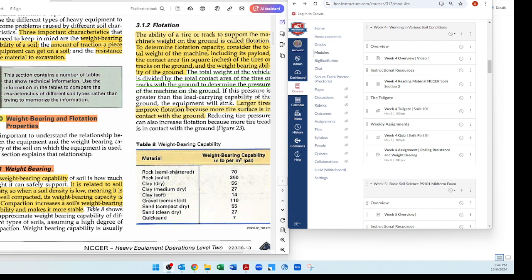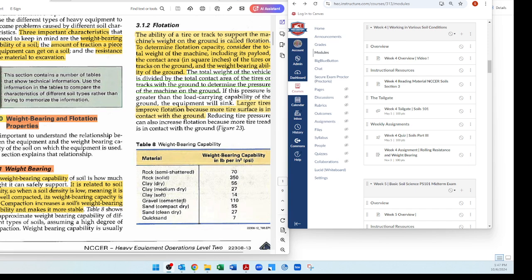Look at solid rock, 350 pounds per square inch before you sank, if you ever did sink into it. And here's some dry clay, 55 pounds per square inch. Here's some medium dry, 27. Real soft clay won't hold much up per square inch.